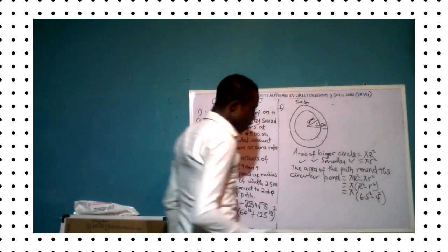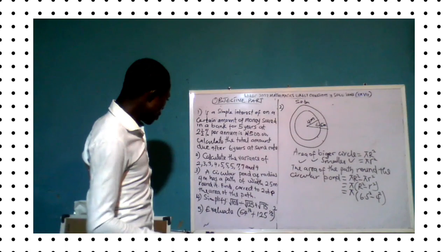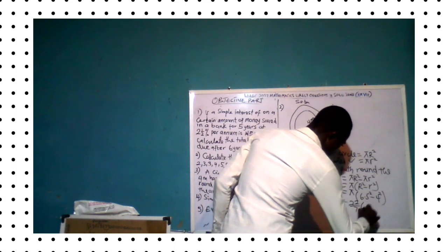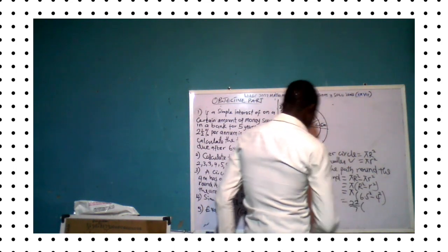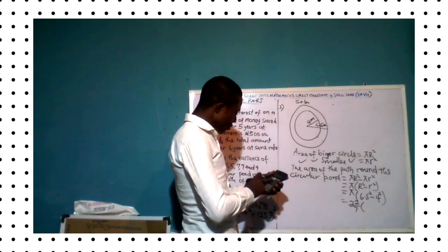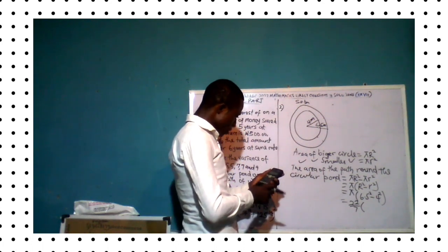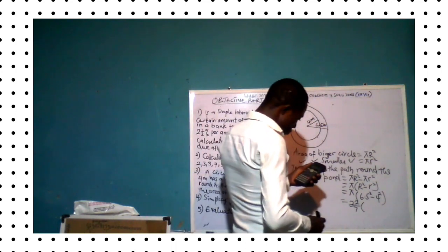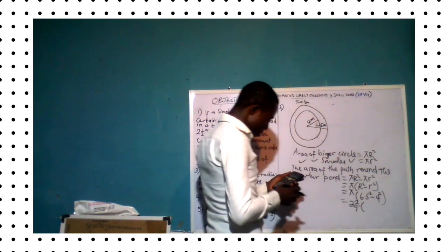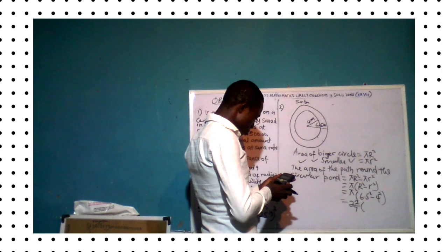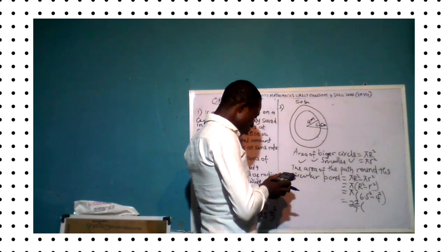Okay, we are not given pi, so pi is equal to 22 over 7. So you have 6.5 squared, that equals 42.25, minus 16, because 4 squared will give you 16.